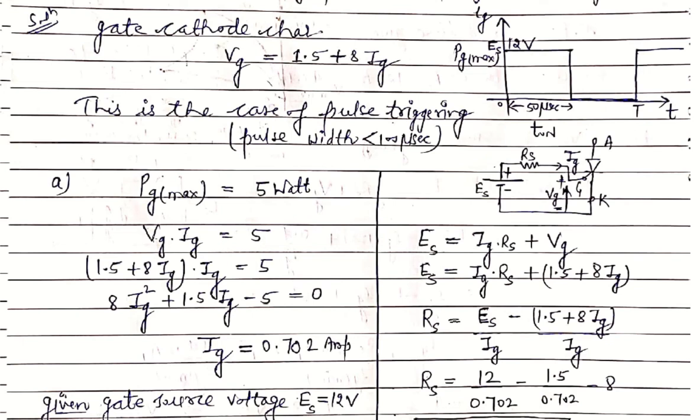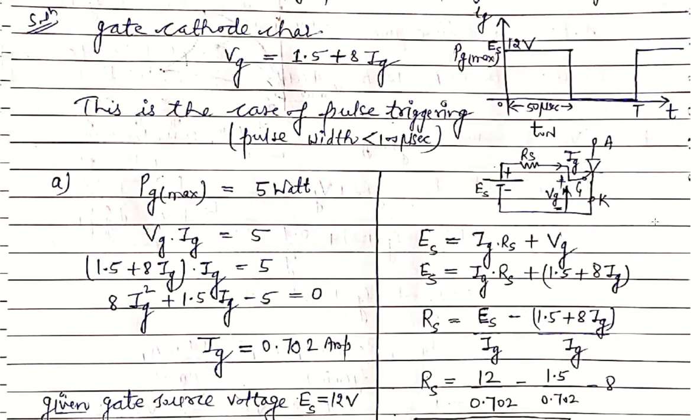Now we use the characteristic 1.5 plus 8 Ig, put this Vg value here, and this is a second order quadratic equation. Two values of Ig are calculated, and the first one is neglected because Ig is negative, so a negative gate pulse is not applied. So we select the positive value of Ig, which is 0.702 ampere.